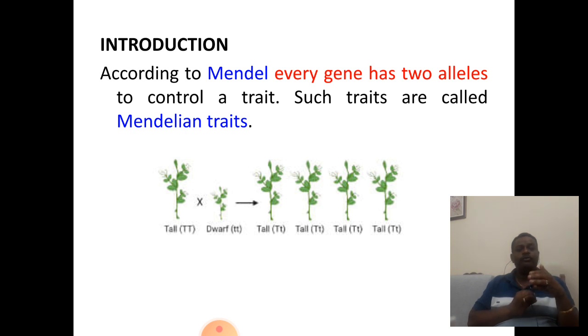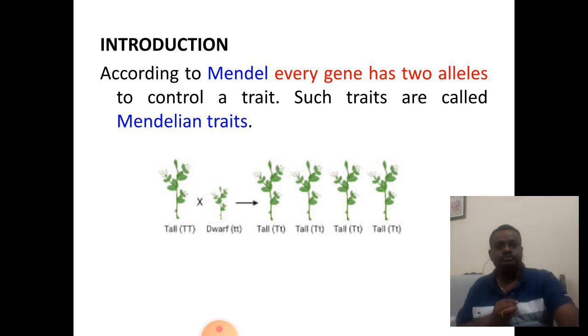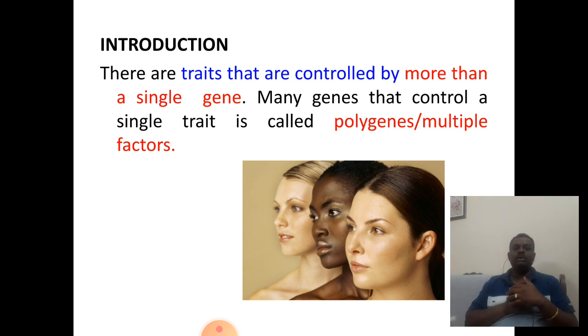So this kind of pattern of inheritance is called Mendelian inheritance, and such traits are called Mendelian traits. But remember, all the traits do not follow the Mendelian pattern of inheritance with two alleles or one gene.